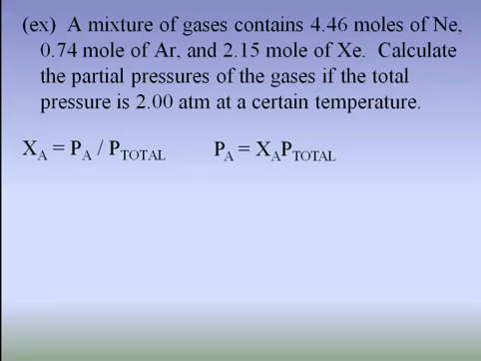So to answer this question, we need to calculate the mole fraction for each gas first. So the mole fraction for neon, its number of moles divided by the total, gives us 0.6068.